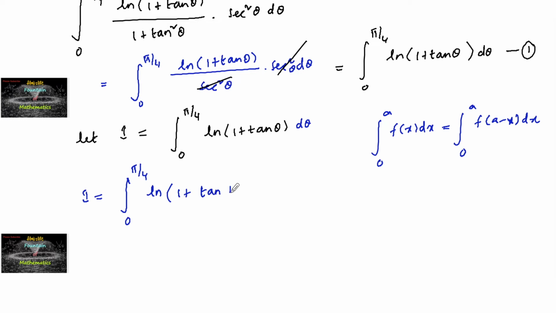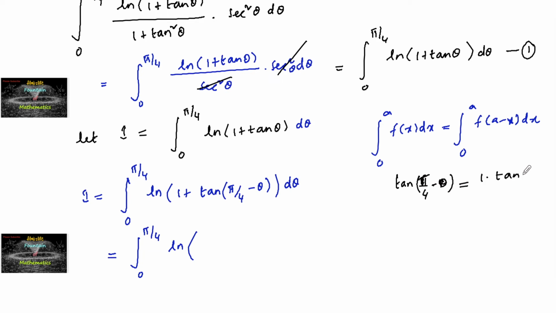So 1 + tan(π/4 - θ) dθ, which equals integral 0 to π/4 of log of, so we have the tan(π/4 - θ) formula, so tan(π/4 - θ) is equal to (1 - tan θ) upon (1 + tan θ).